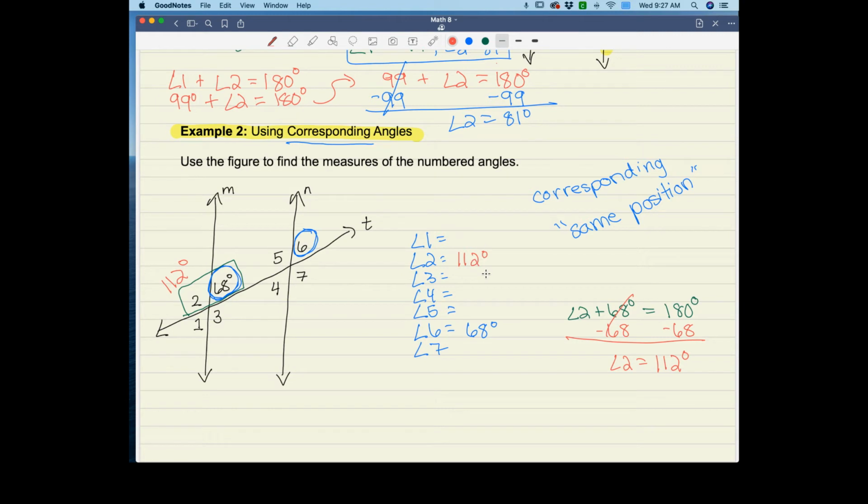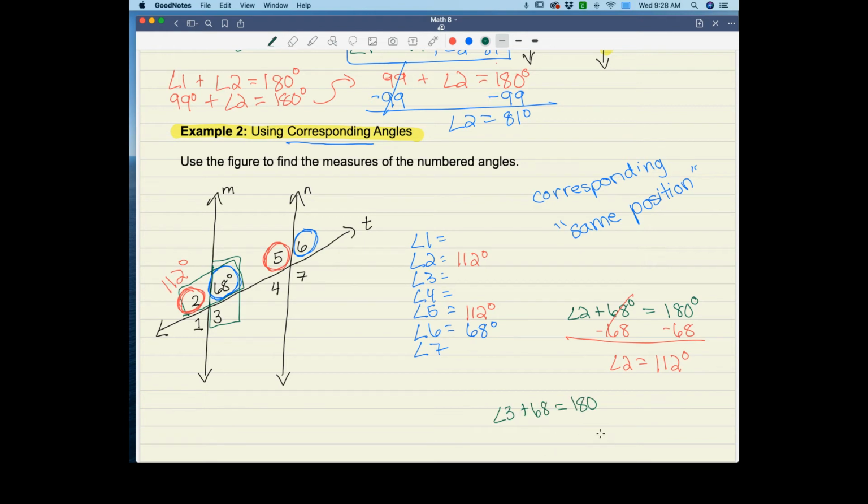Well, if this is angle 2, guess what? It corresponds with angle 5. So angle 5 is also 112 degrees. And then we can just continue on. We have another linear pair right here. Angle 3 plus 68 degrees has to equal 180.